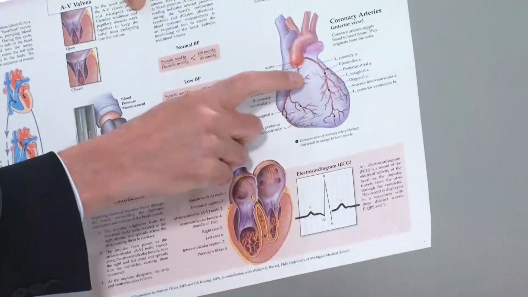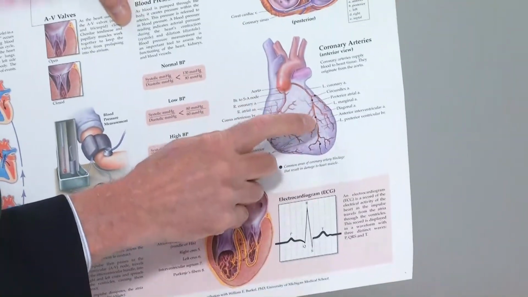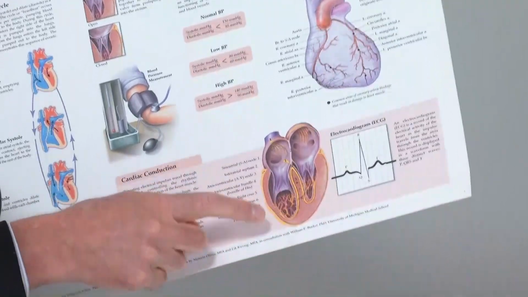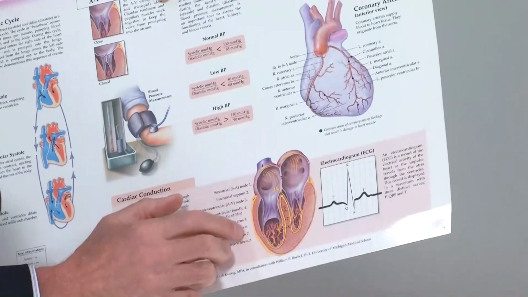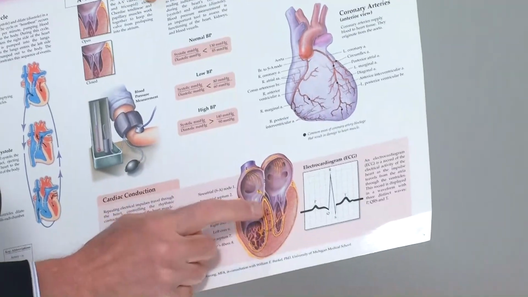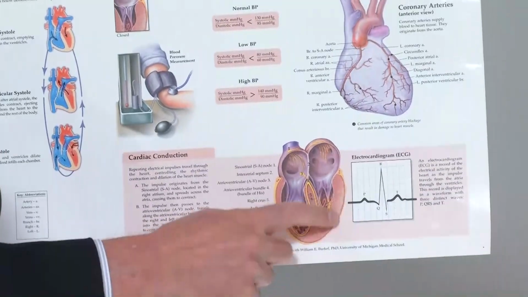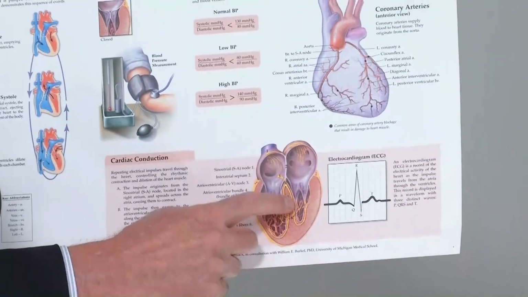We're more interested in this side of the heart, with the left main, the left anterior descending, and the left circumflex, because unless the right coronary artery is dominant, which most of the time it's not, these supply the left ventricle, anterior and posterior.